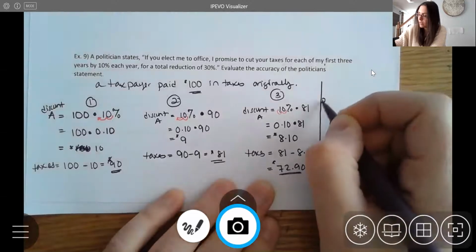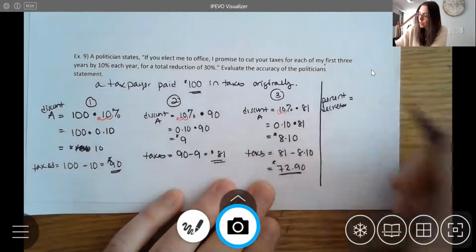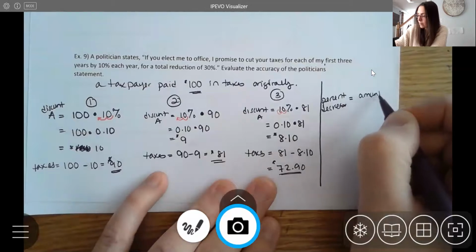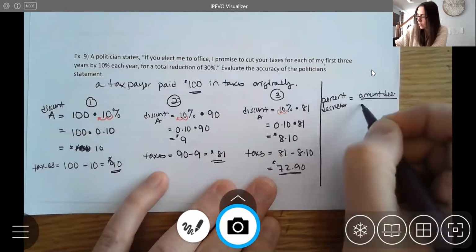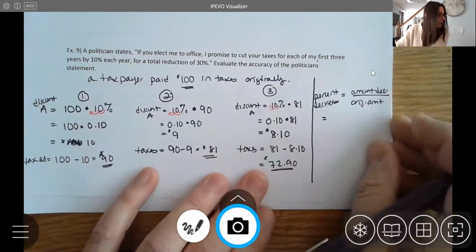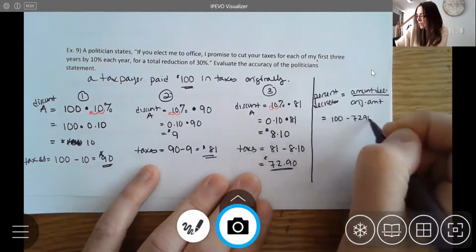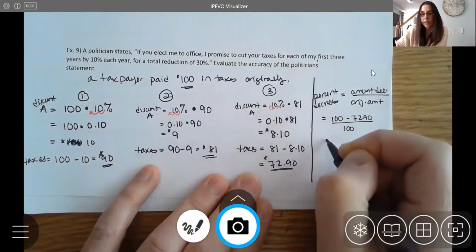So let's see what the percent of decrease was. So it's going to be the amount of decrease over the original amount. Now, my amount of decrease here, we want to be careful. I started with $100 and we're now paying $72.90. My original amount was 100.